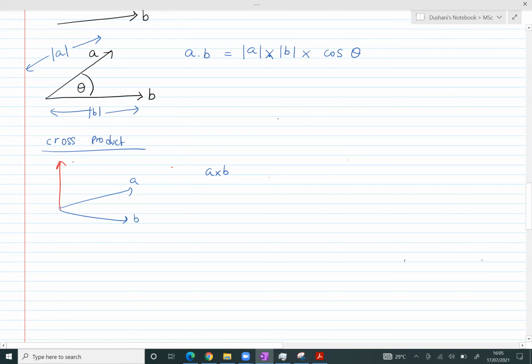So A cross B creates a right angle with this and also with this, and it happens in 3 dimensions. So how can we calculate this? Here A cross B is equal to magnitude of A times magnitude of B times the sine of the angle between A and B.